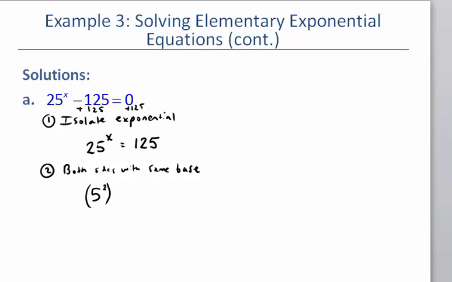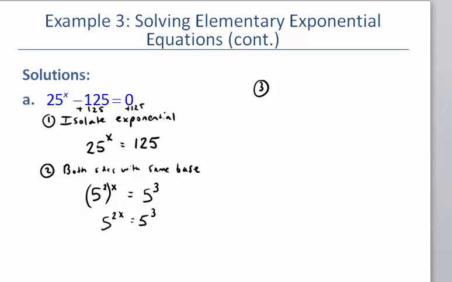It still has the x on the outside, but the 25 could be replaced with 5 squared. And the 125 could be written as 5 to the third. Then it says to simplify if necessary. The only way to simplify is to say this 2 times x is going to be 5 to the 2x is equal to 5 to the third.